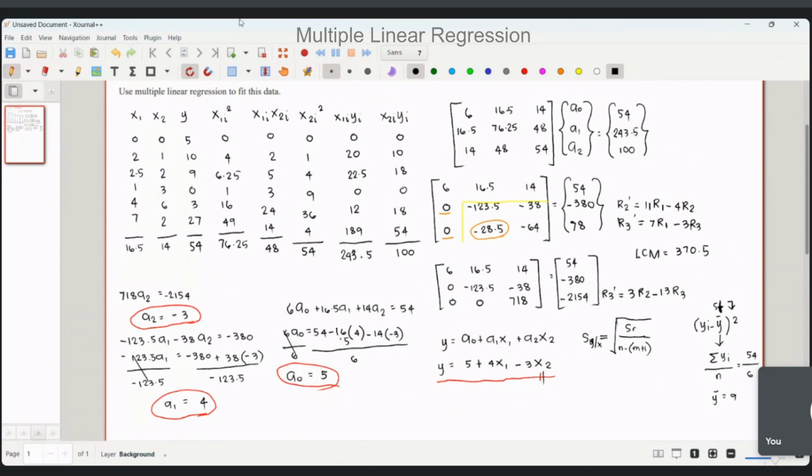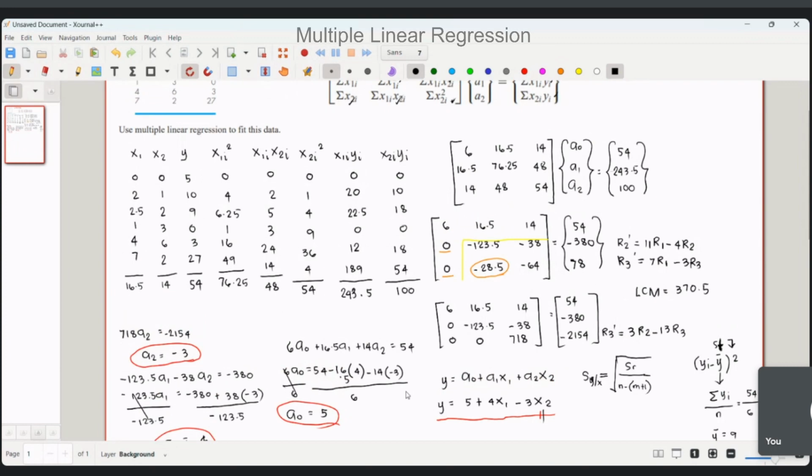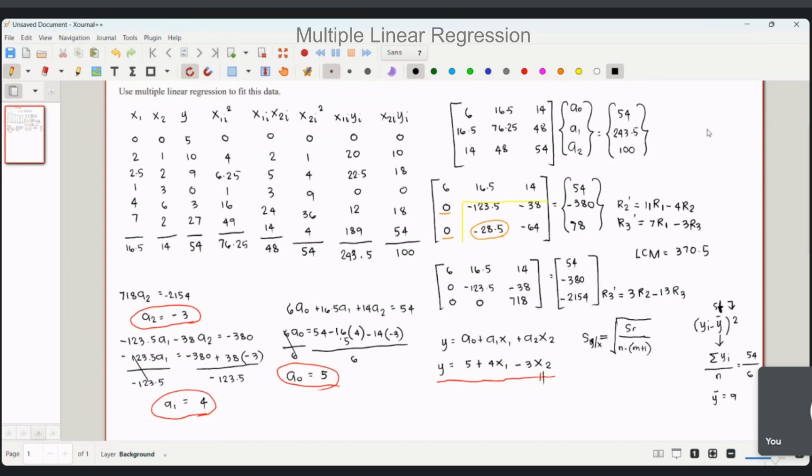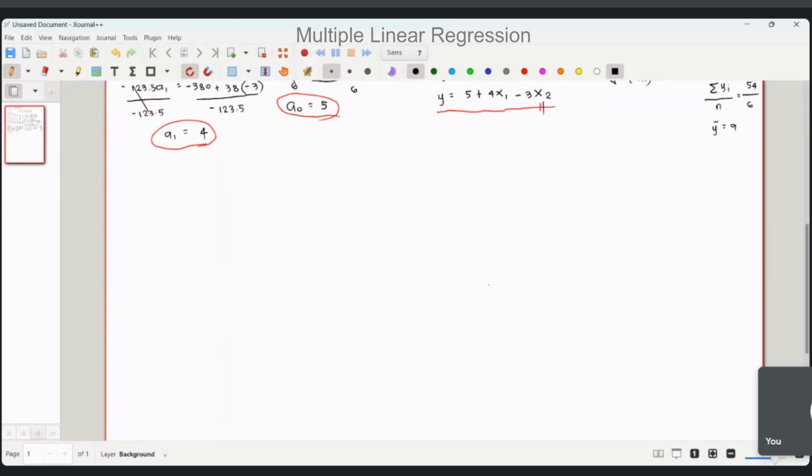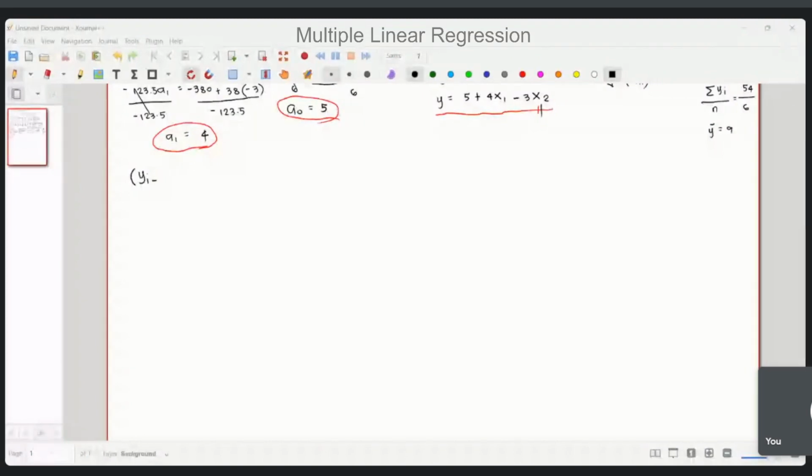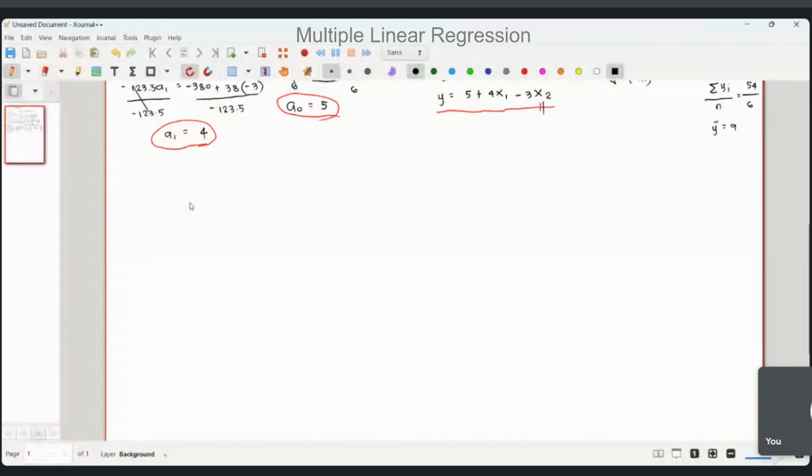Now, finding the SR. Yi, unsa yung formula sa itong SR for the multiple linear regression? It's y I minus a sub 0 minus a1 times x I1 minus a2 x 2 I squared.